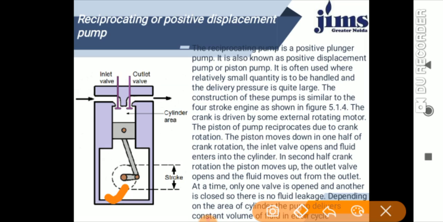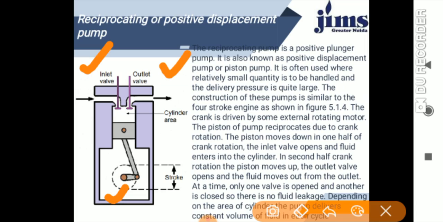The piston moves down in one half of the crank rotation, and the inlet valve opens and fluid enters into the cylinder. This is the inlet valve, and this is the outlet valve. Once the inlet valve opens, the piston moves down in one half of the crank rotation, and fluid enters into the cylinder.